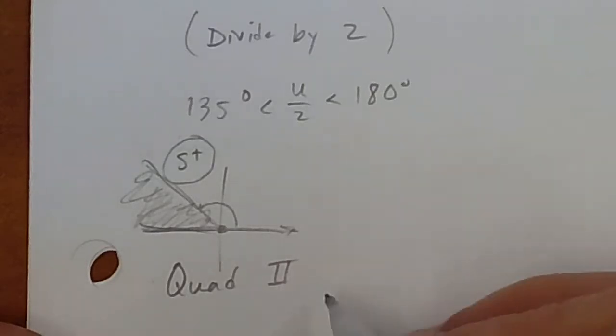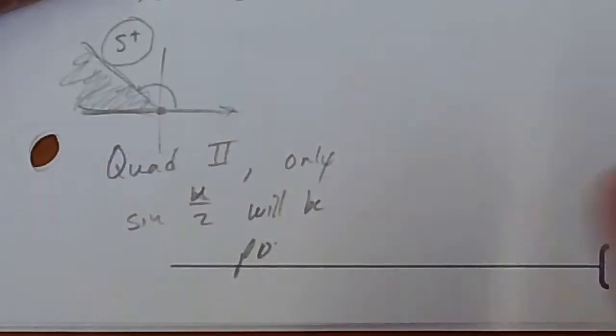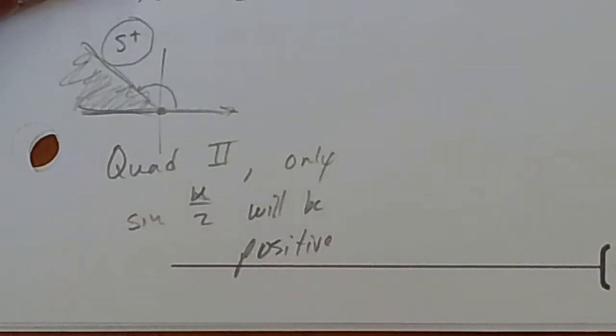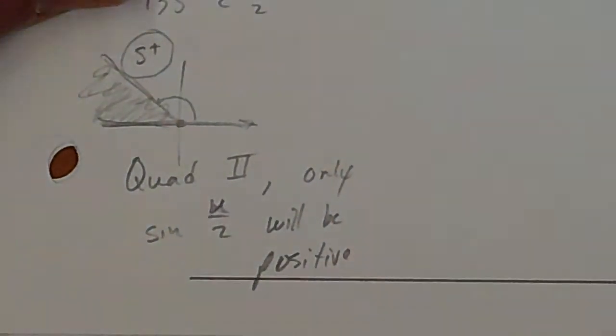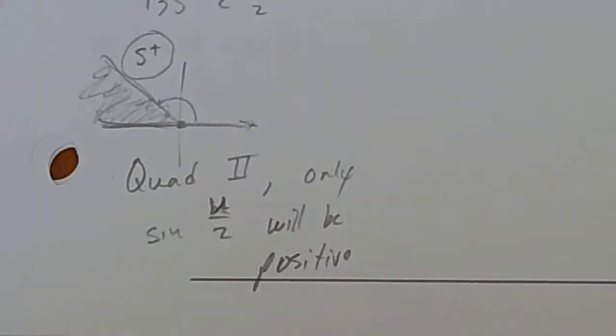In quadrant 2, only sine of the half angle will be positive. All right, so that sets us up for a little bit of success for part B. Let's move on to part B.